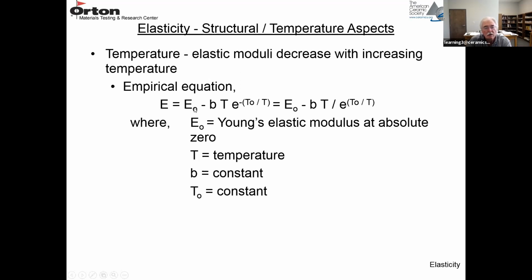So E equals E0, your baseline elastic value, minus the constant times the temperature, and this is divided by e to the T0, a constant, and temperature. So if we rewrite it like this, E0 minus B times the temperature divided by e to the T0 over the actual temperature. So you can see that T in this location or in this location, as you increase the temperature, they both have the effect of decreasing the elastic modulus.